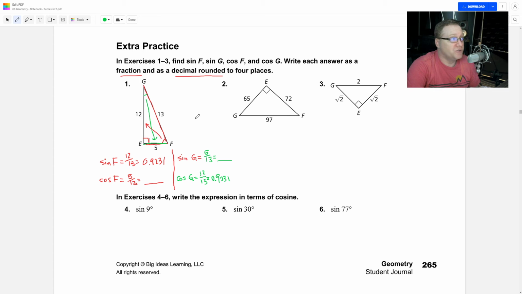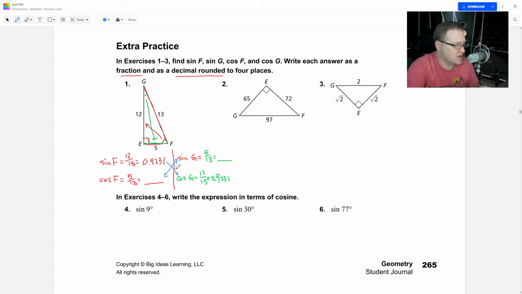Now, notice something. You will see here that the cosine of f is 5 over 13, and the sine of G is 5 over 13. These are the same. And we see that the sine of f is 12 over 13, and the cosine of G is 12 over 13.